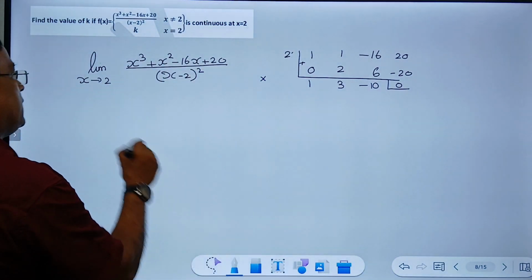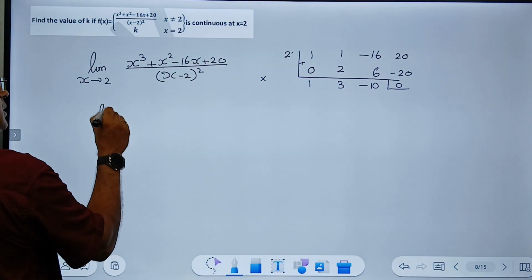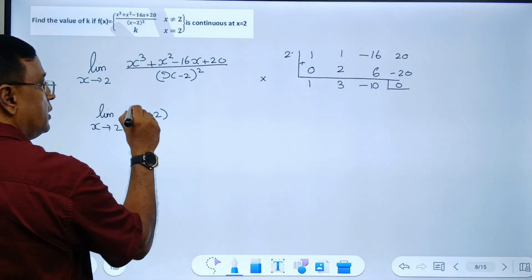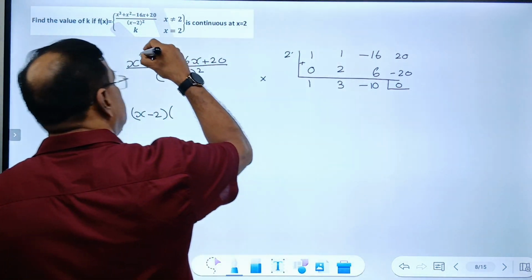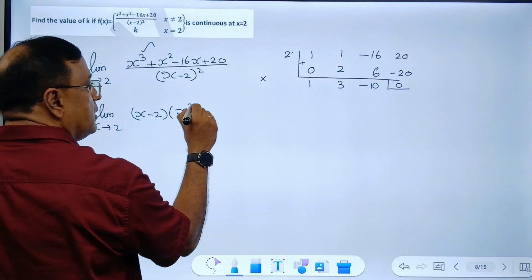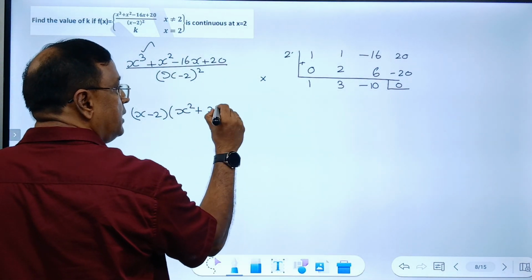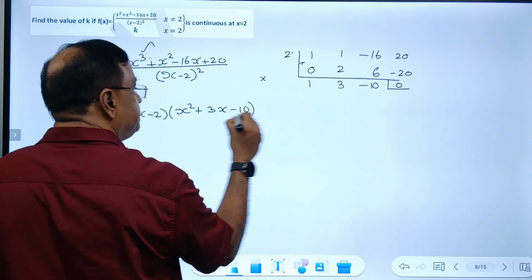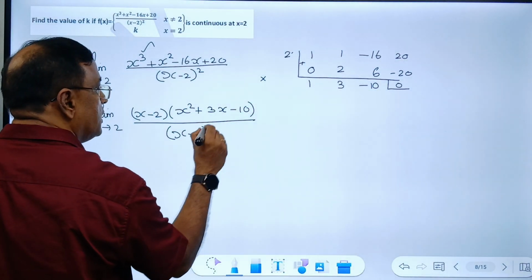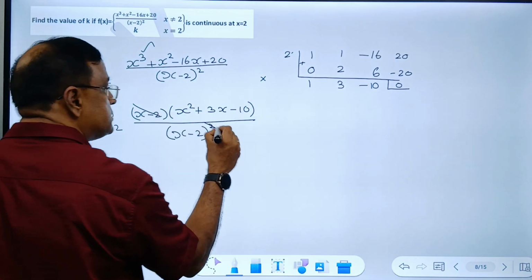So you can write this as limit x approaches 2, x minus 2 into, this highest power is 3, so 1 power less, x square plus 3x minus 10, divided by x minus 2 the whole square. This can be cancelled.